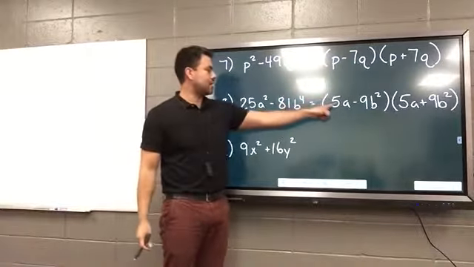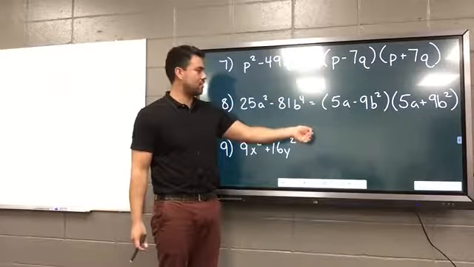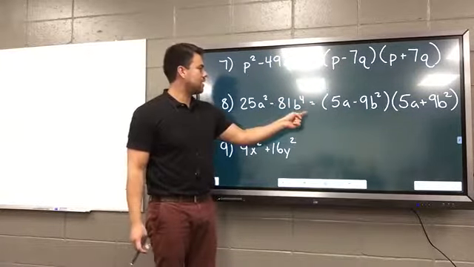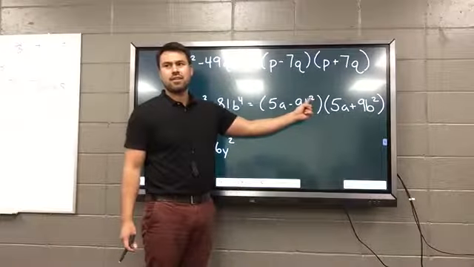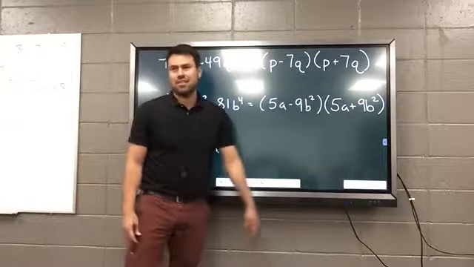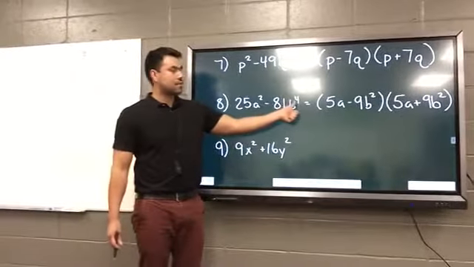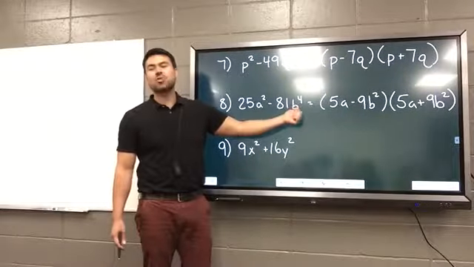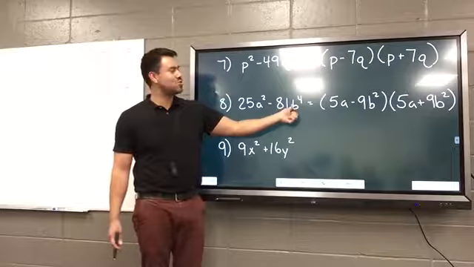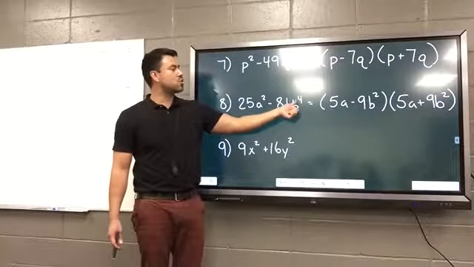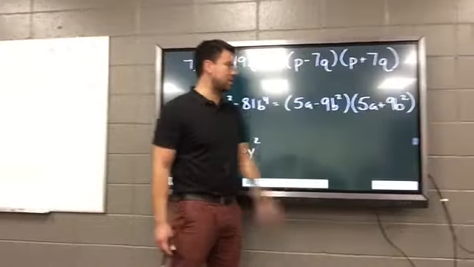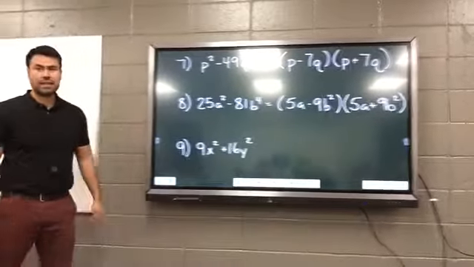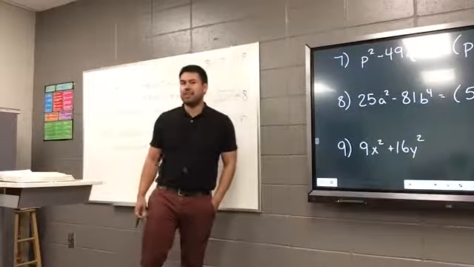I get the 5a. I get the plus and the negative. But why b squared? Because the square root of b to the 4th is b squared. That's correct. How many of you got that one?